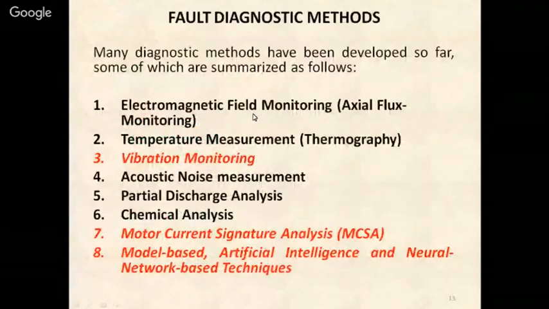Now we come to fault diagnosis methods. As we can see, there are various signals which are associated with the motor. We can diagnose any of them, but commonly we use vibration, temperature, and acoustic measurements to carry out fault diagnosis.